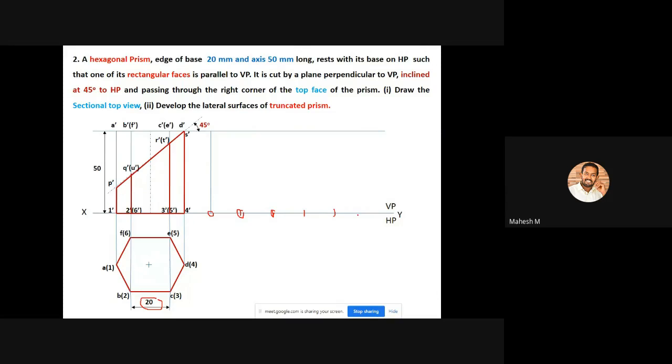Okay. So this one is 1, 2, 3, 4, 5. And you have to create 6 arcs. So like this. Then you can project your vertical line from each and every point. So you'll be getting 6 rectangular faces. Okay, like this. Is it clear? Is there any doubt up to this?